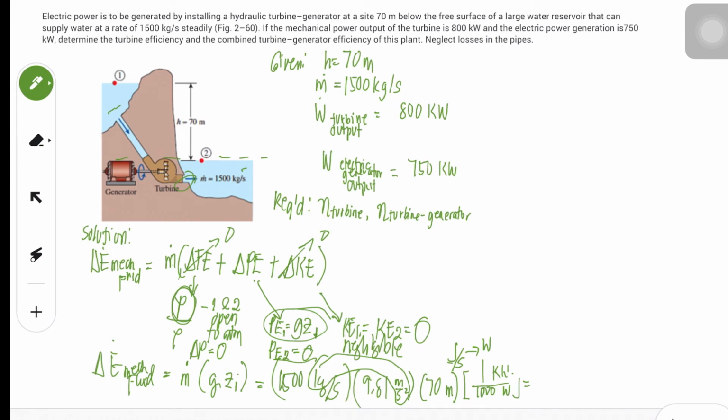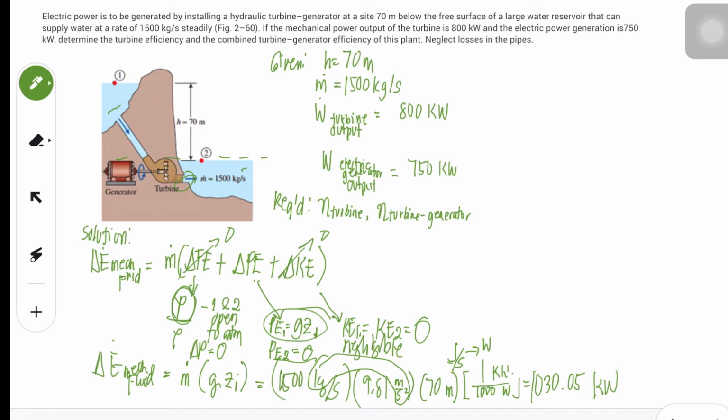So we have now 1030.05 kilowatt. So this is now our mechanical energy of the fluid. But the required is the turbine efficiency and the turbine generator efficiency.